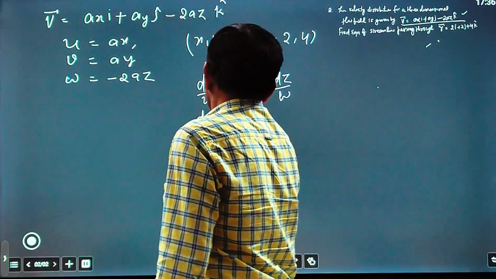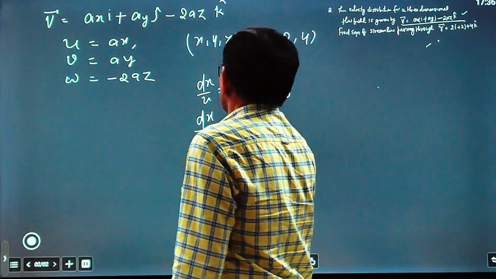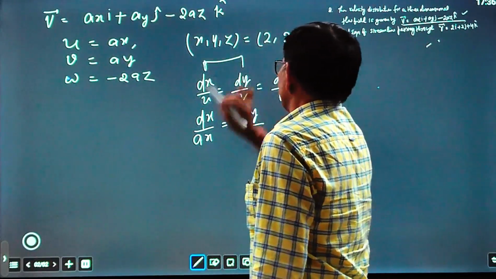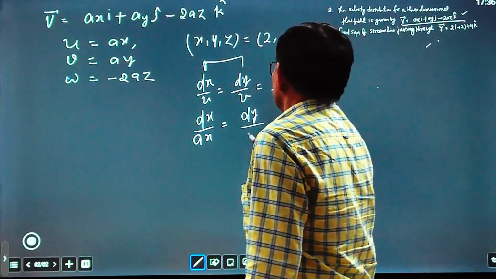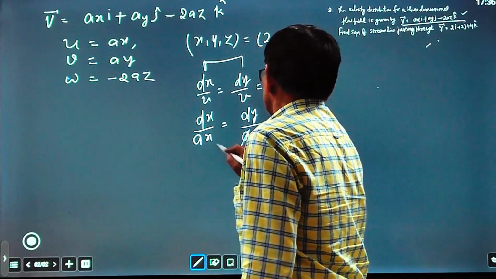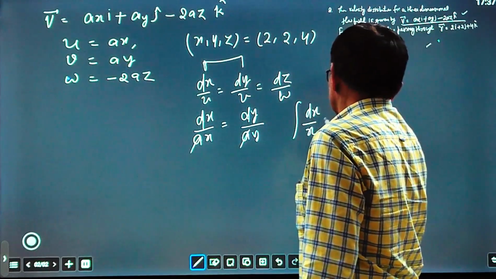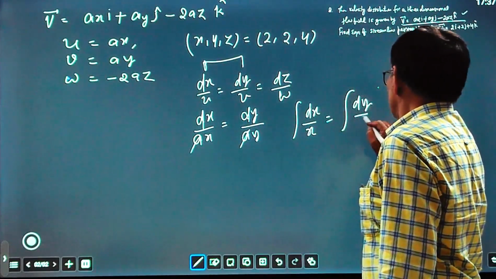So dx upon u means dx upon ax equal to dy upon ay, equations number 1 and 2. First make a combination of 1 and 2. So a is constant, remove it, and integrating this equation, dx upon x equal to dy by y.